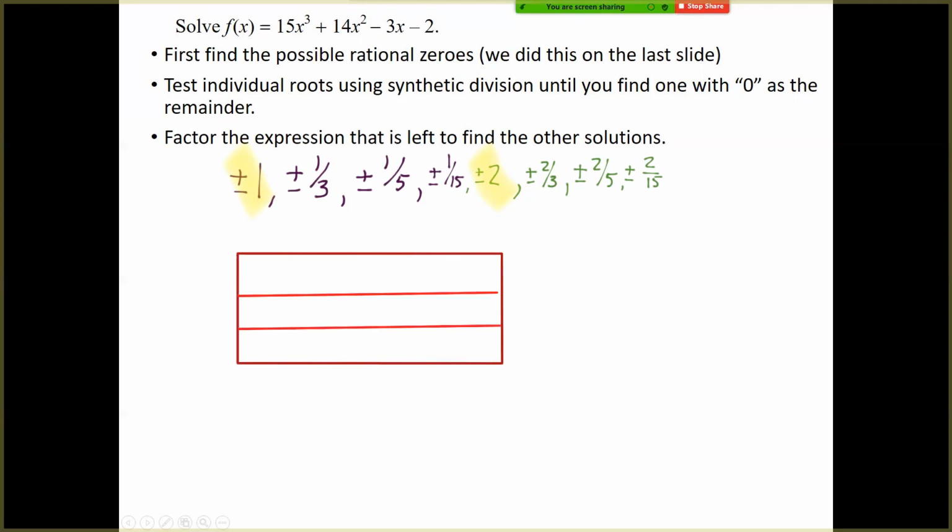And then this is where things get kind of interesting. Oops, because I can't draw straight lines. My coefficients are going to be from the original, so 15, 14, -3, -2. Those are the coefficients of the original problem.